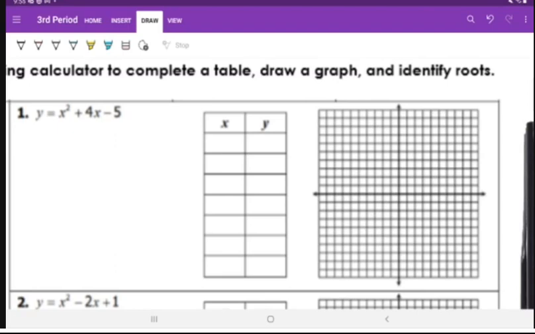What we want to do now that we can kind of see what it looks like is copy this graph down on the graph on our paper. But we also need to make a table. So you can go back and forth between the graph view, which we're looking at now, or the table view. To look at the table view on your calculator, hit second table.